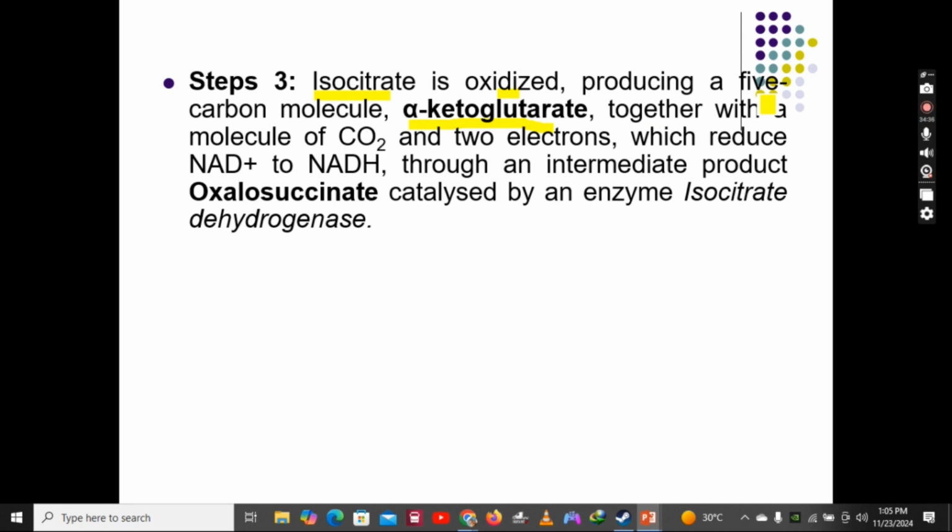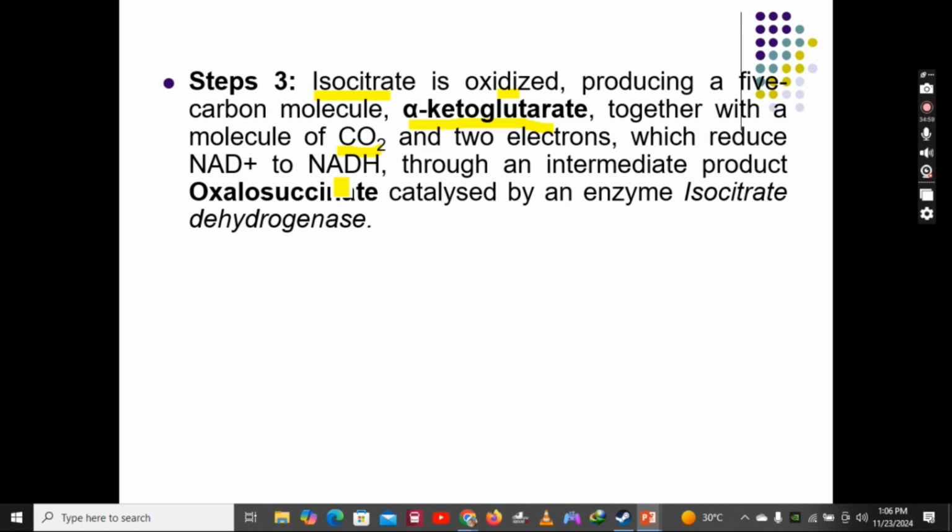Once that one carbon molecule has been lost, it leads to the production of carbon dioxide. So carbon dioxide is produced, and there are also 2 electrons which reduce NAD to NADH.